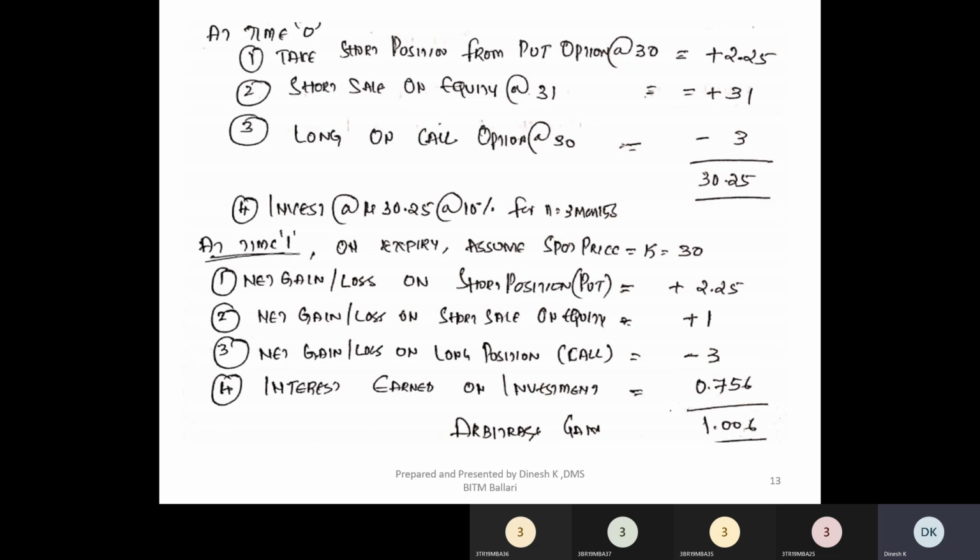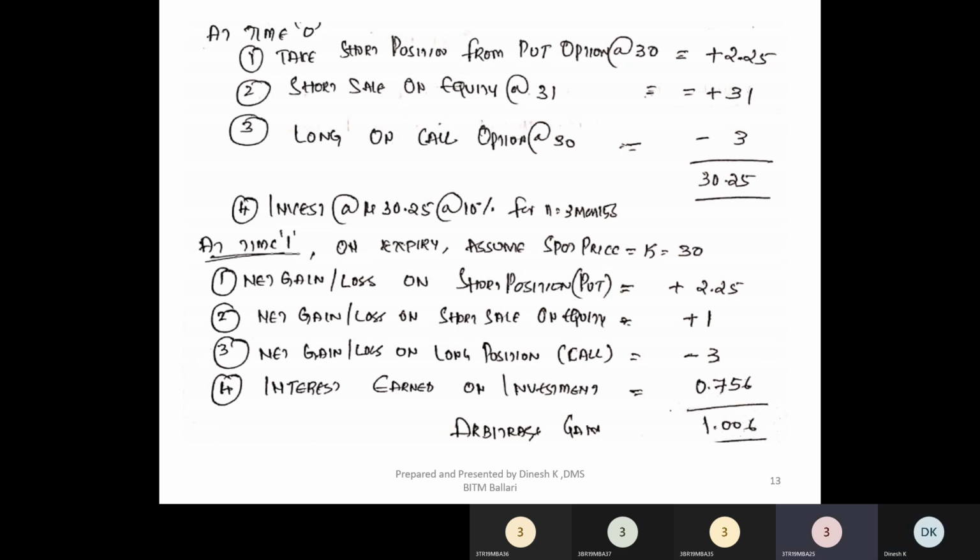Short sale on equity. When is it that you will be making a loss? What change in the price will make you incur a loss? Is it an increase in price or a decrease in the price?